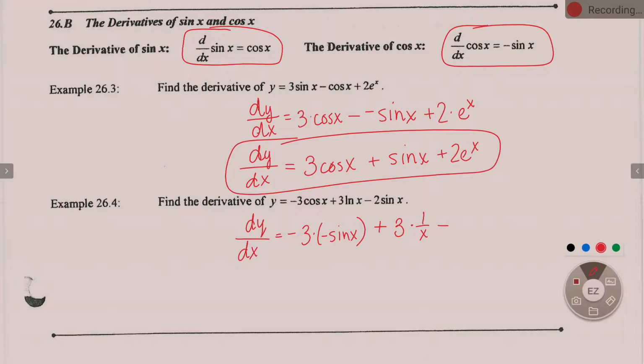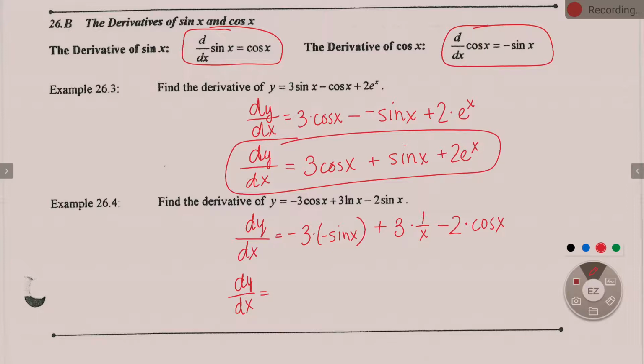Minus derivative of 2 sine x. So the 2 I'm going to keep. What's the derivative of sine x? Cosine x. Okay, if you haven't already cleaned it up, and some of you may have just said, I'm not even doing her baby steps, I'm just writing the answer, that's fine.